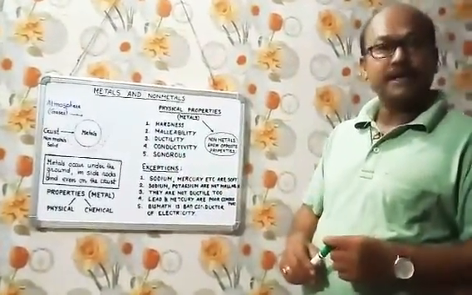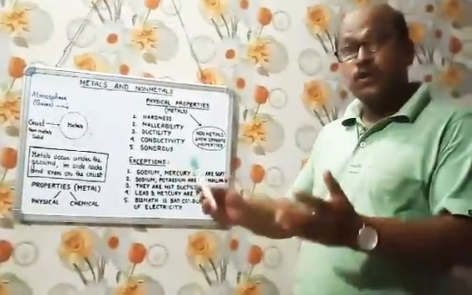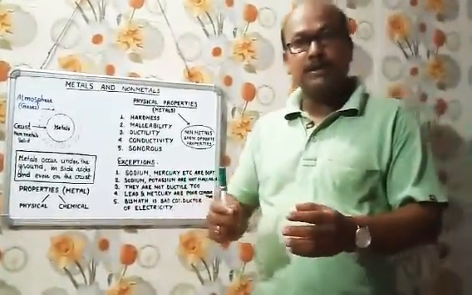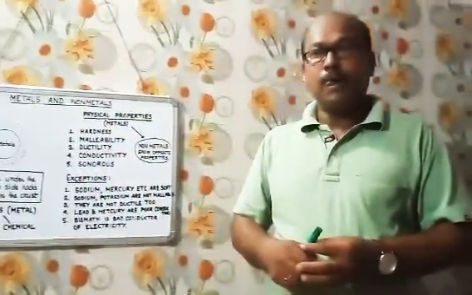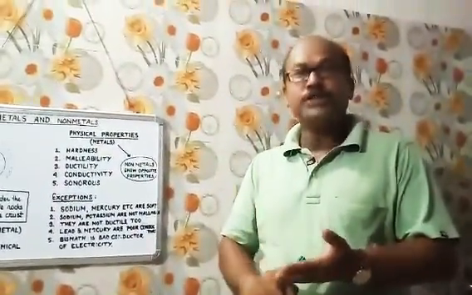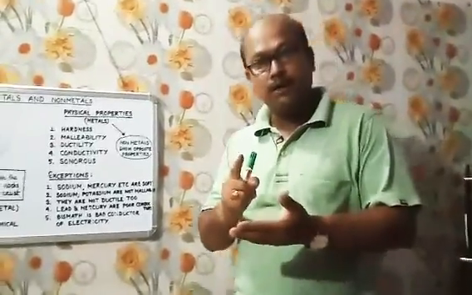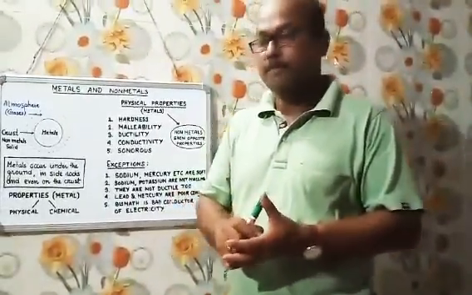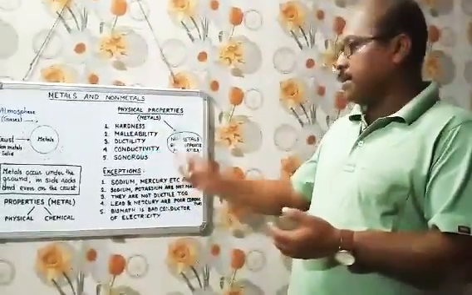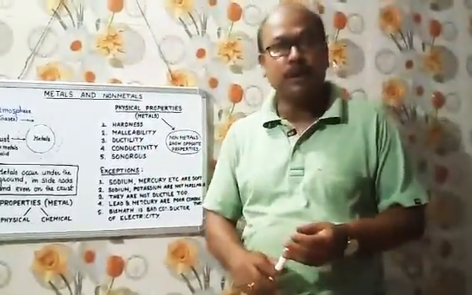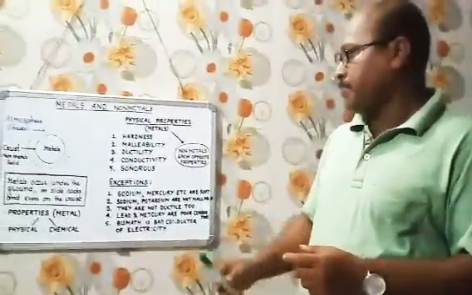Conductivity of metals. Metals are good conductors of two kinds. They are good conductors of heat, and the second, they are good conductors of electricity as well. That's why in the physical property, the conductivity is a very important property of metal.